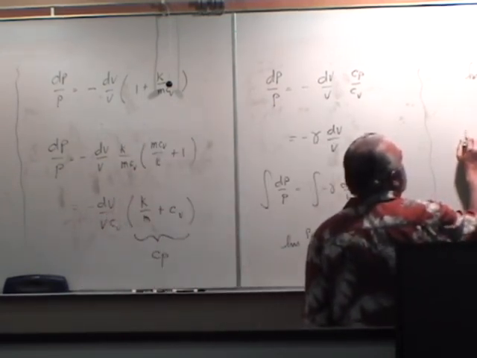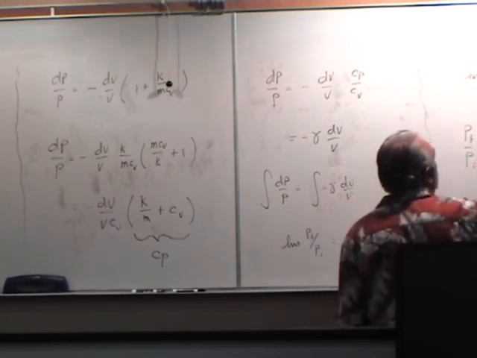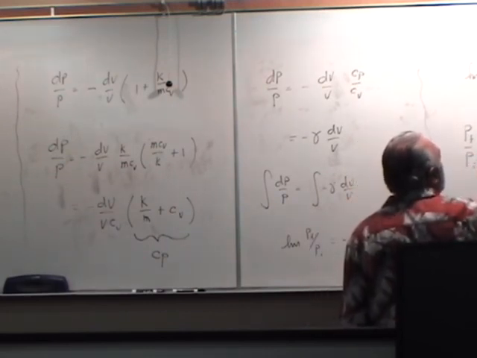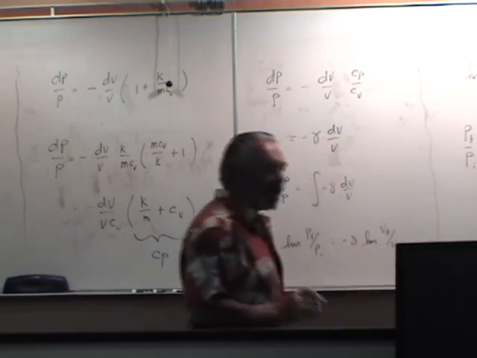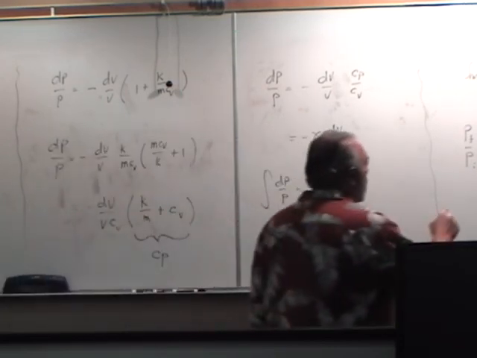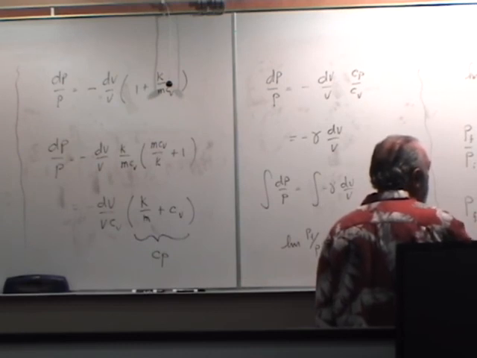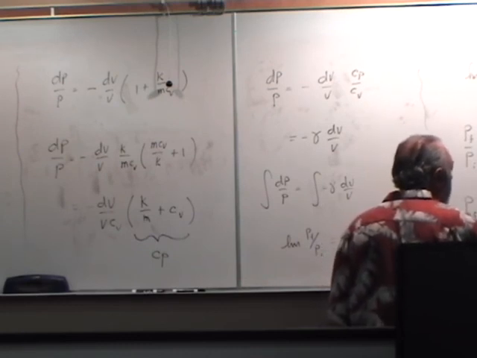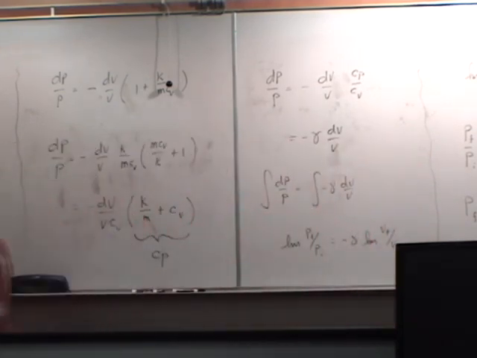Hence, therefore, p final over p initial must equal V initial to the gamma power divided by V final to the gamma power. And we've actually arrived at the location we need to be. That is that p final, V final to the gamma power equals p initial, V initial to the gamma power. We now have an equation of an adiabatic.